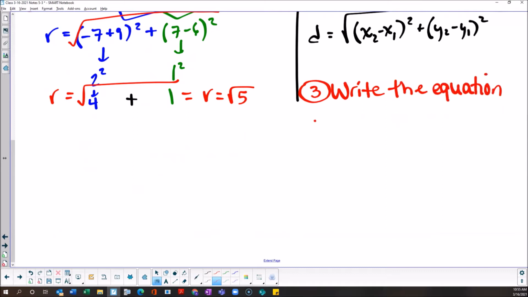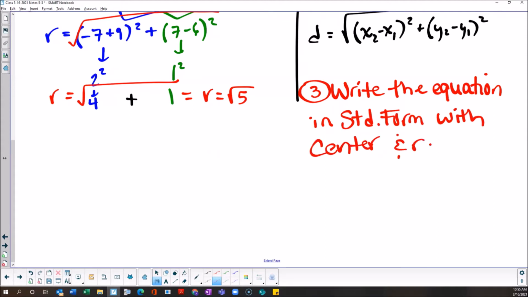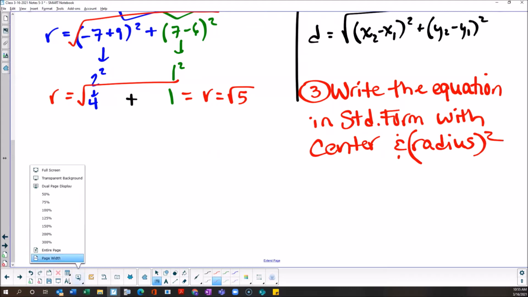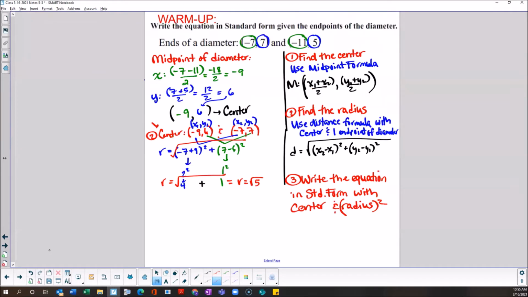I'm going to write the equation in standard form using the center and the radius squared, right? So I look at all the stuff I have here, a lot of stuff written down.